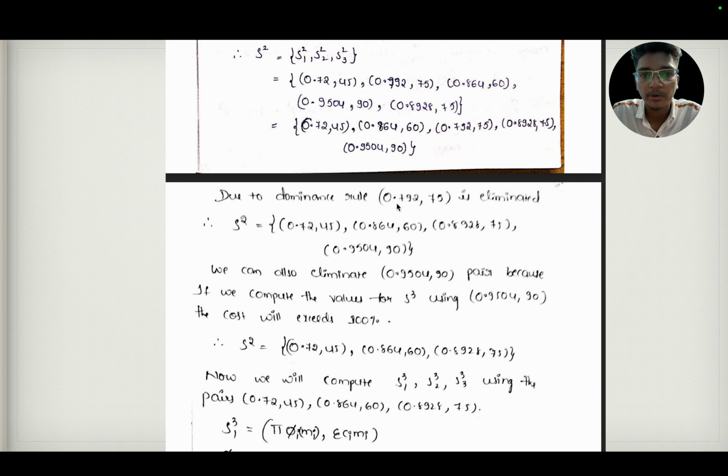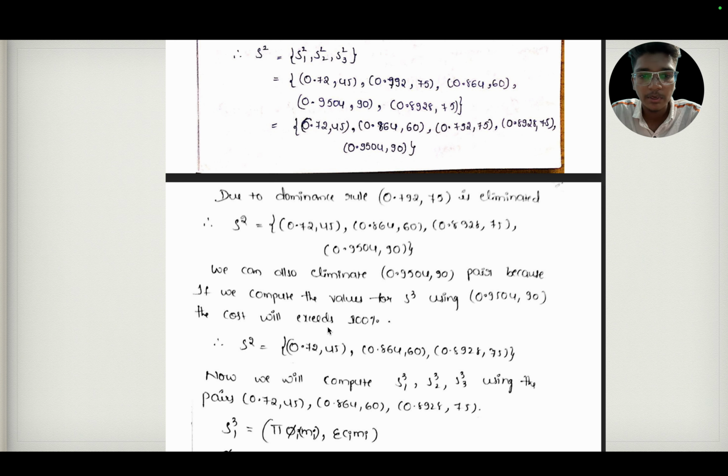Due to the dominance rule, here we got the reason for 0.792. Here we can see both 75s are equal, so we will remove the first one, 0.792, by the dominance rule. We can also eliminate the 0.9540 pair because it is computed for S3.